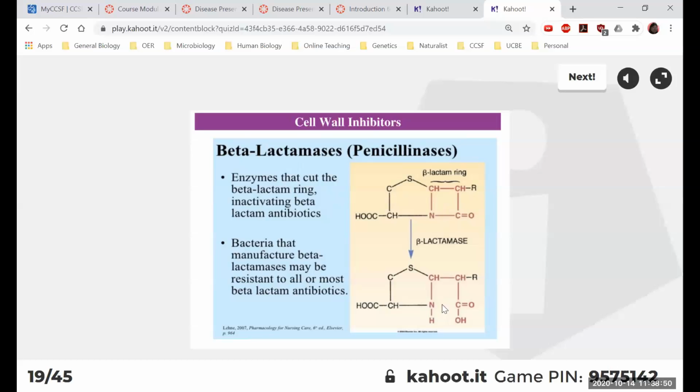If the bacteria can produce an enzyme to cut open that ring, the drug is not going to be very effective. So penicillinase basically means that it can make penicillin not very effective, so it can destroy penicillin. Beta-lactamase, same thing, it basically targets the beta-lactam ring and cuts open the beta-lactam ring. So the two of them are actually pretty much the same thing.